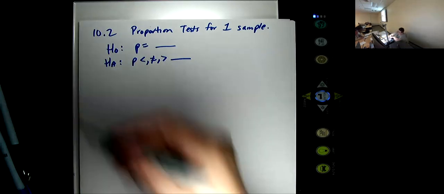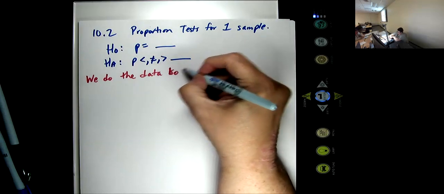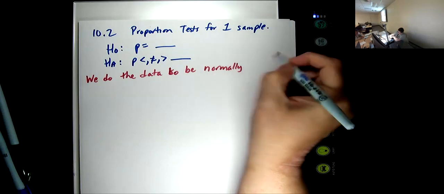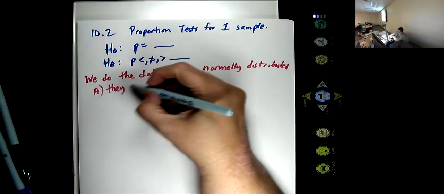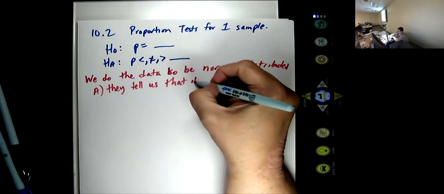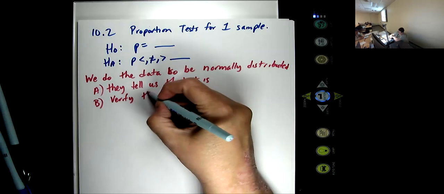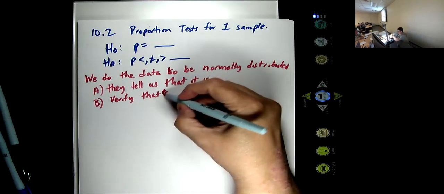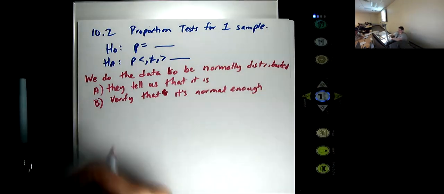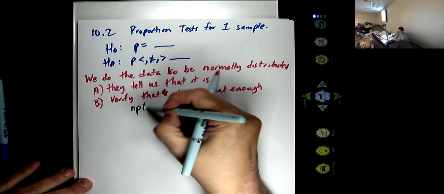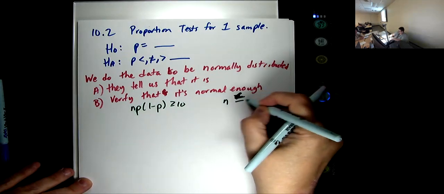We do need the data to be normally distributed. So either A, they tell us that it is, or B, we verify that it's normal enough by doing n times p times 1 minus p is greater than or equal to 10, and n is less than or equal to 5% of the population.